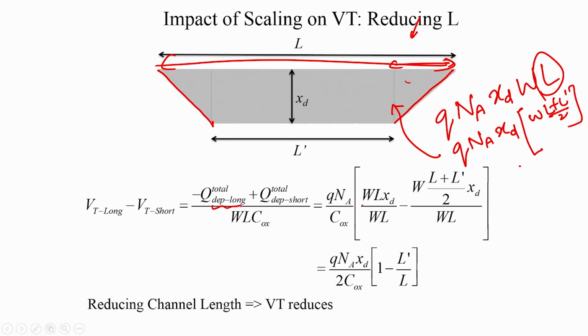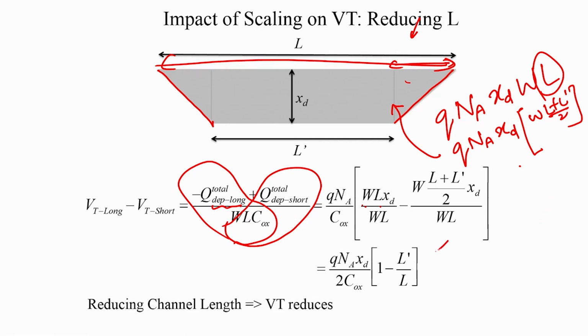So, this total depletion charge is Q Na by Cox into WL XD divided by WL. So, that is this term, and Q total depletion in the short channel device divided by the total gate capacitance is given by this term.